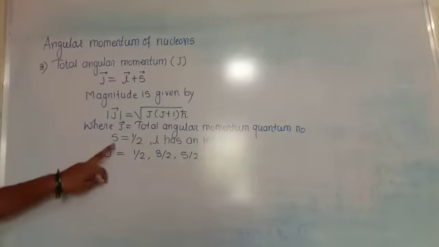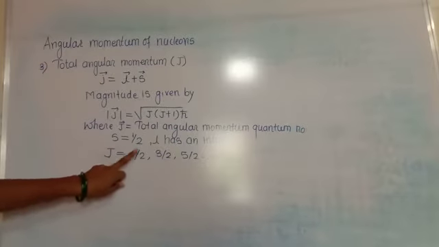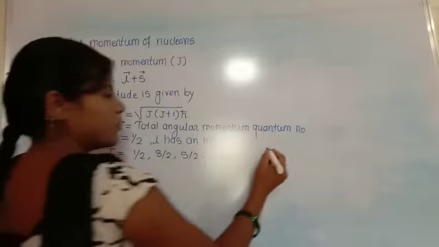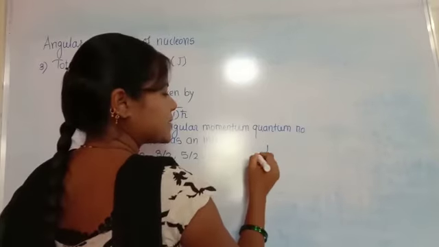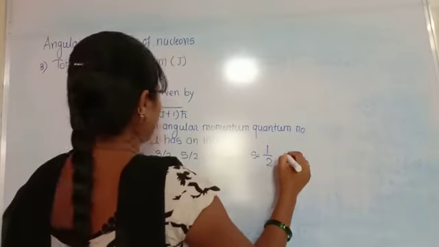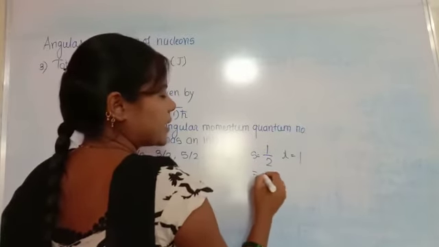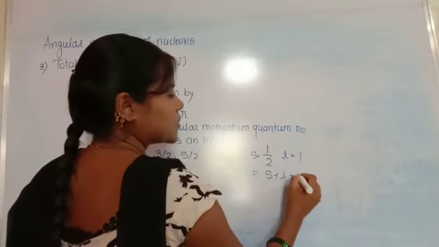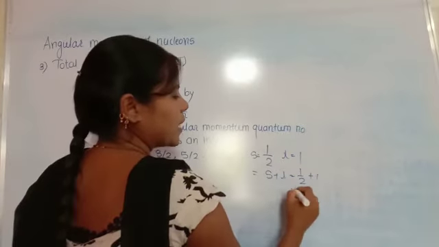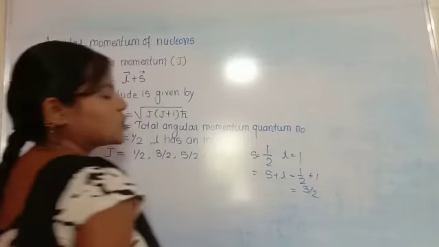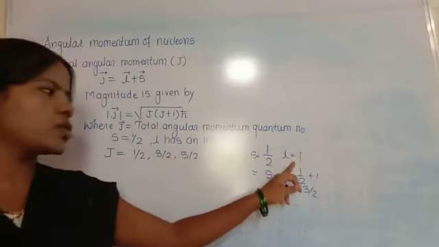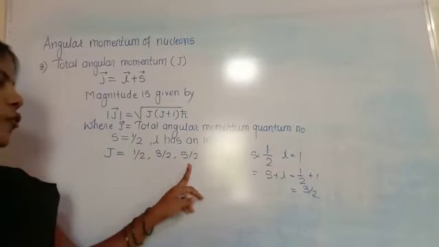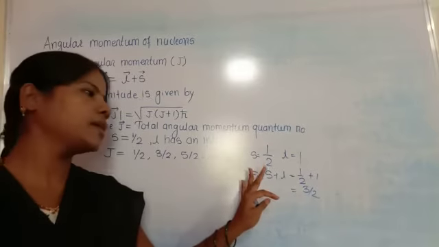If S is 1 by 2 and L is equal to 1, then S plus L is 1 by 2 plus 1, which gives 3 by 2. Taking L equal to 2, we get 5 by 2, then 7 by 2, then 9 by 2.